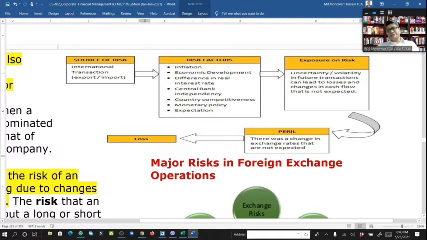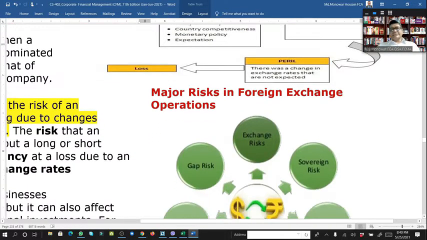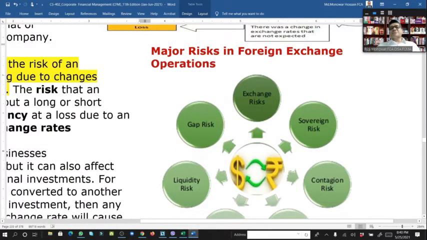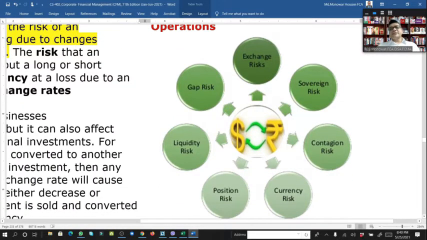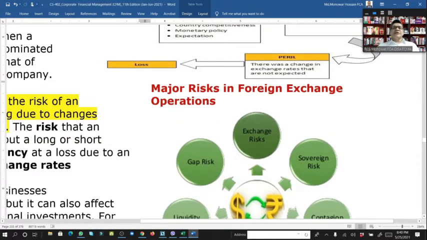When there is an unexpected change in exchange rate, it causes loss to the organization through foreign exchange. Major risks in foreign exchange operation are exchange risks, sovereignty risks, contingent risks, currency risks, position risks, liquidity risks, gap risks; that type of risks within foreign exchange operation.